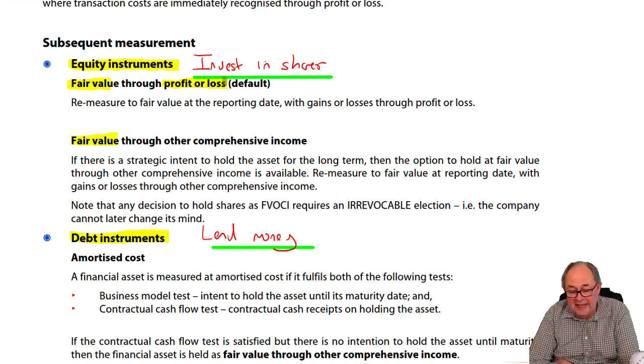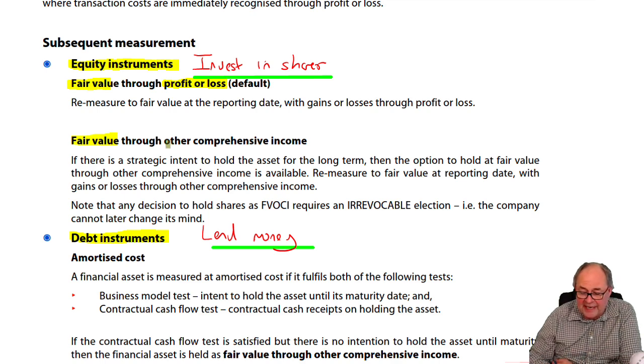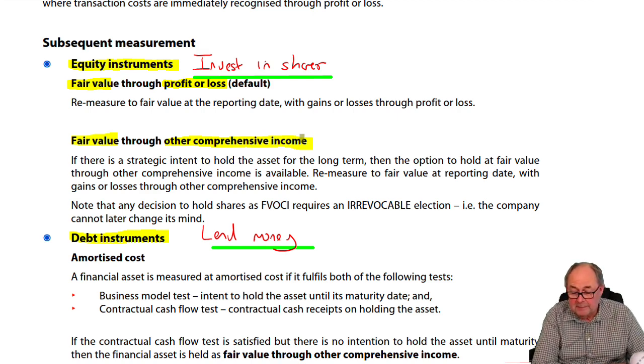So if you want to, you can elect and say that your gains and losses will not go in profit and loss, in which case they go through reserves. So the default is profit and loss, but if the company intends to hold the shares for the long term, they can elect to have them dealt with through OCI. You'll see this word here, an irrevocable election.